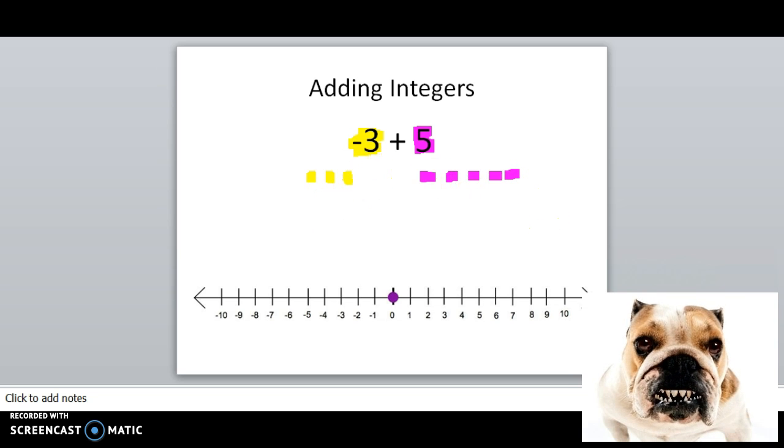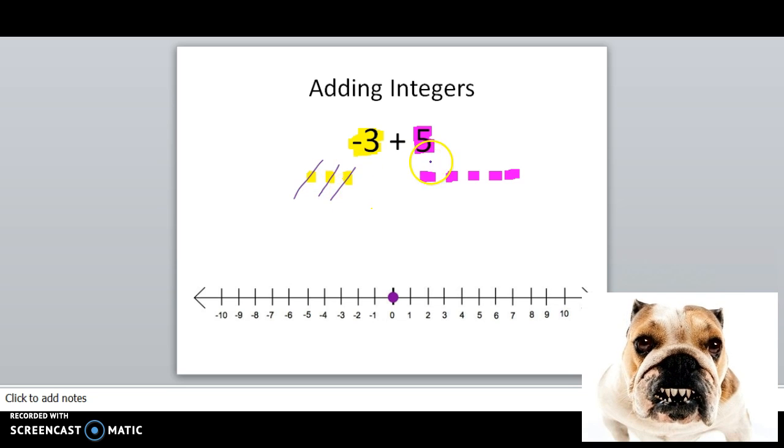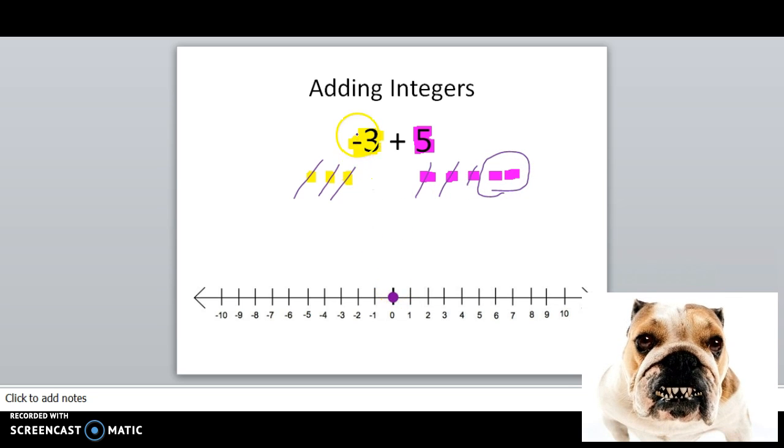Because we're adding them, one way to simplify this is I'm going to cross off 3 negatives, and I'm going to cross off 3 positives, and I'm left with 2 dots left over. So -3 plus 5 is 2.